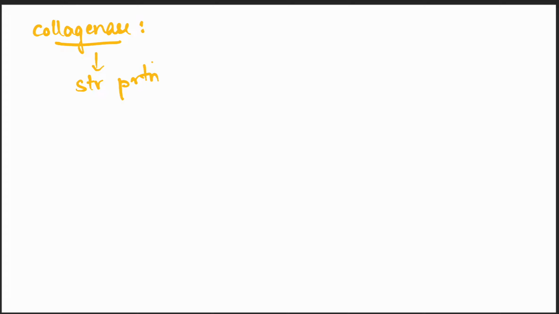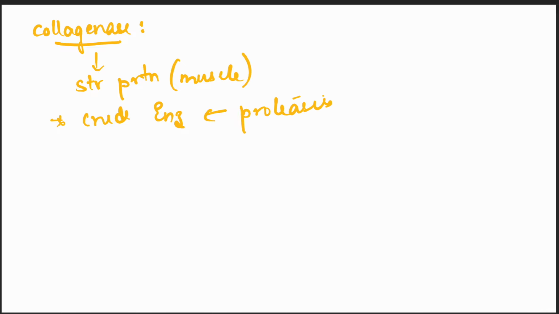This is present in the extracellular matrix of connective tissue and muscles. It is mostly present in the connective tissues and muscles. Here also the crude enzyme is preferred over the pure enzyme, because the crude enzyme is also contaminated with certain proteases.